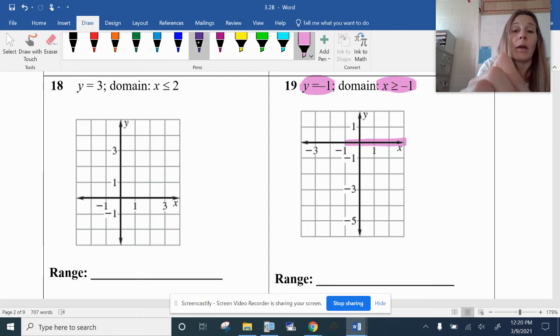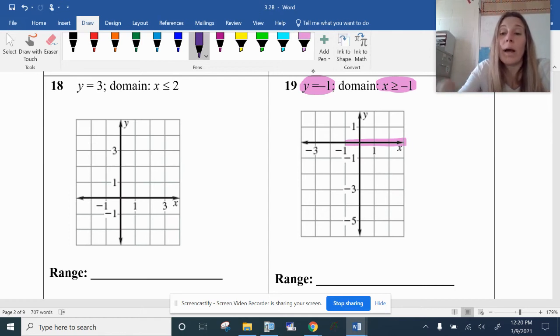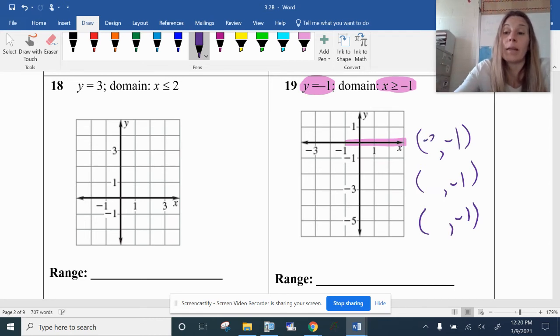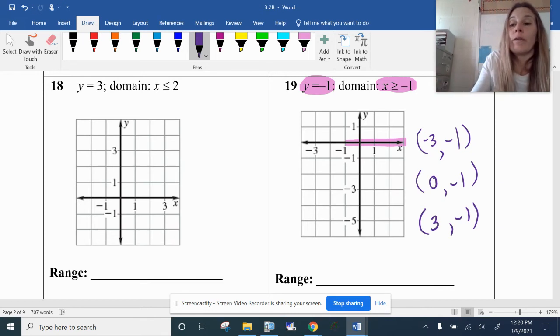Now, this particular equation, y equals -1, means that all of my y values on every point are going to be -1. So I can pick any numbers I want for my x's. If I do -3, -1, if I do 0, -1, 3, -1, whatever.